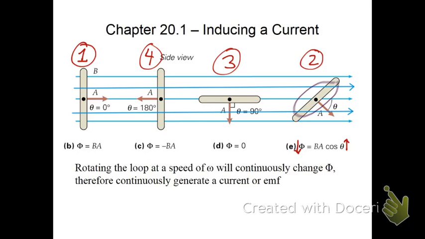We're after those changes. But we know from our demonstration that if I changed my flux and it increased, I got a current in one direction. If it decreased, I got a current in the other direction. Which means that as I do this, the current that I induce is going to alternate.